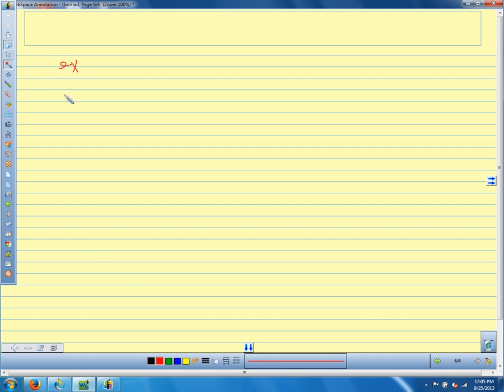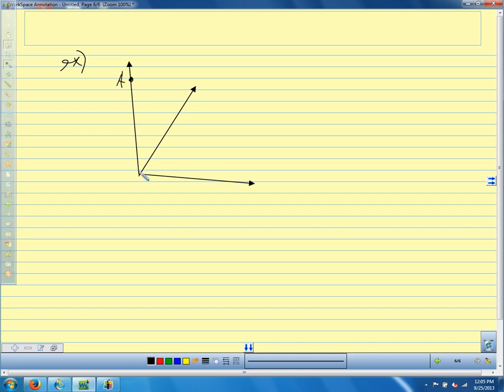So here's my setup. We'll call this A, B, C, and D. And the problem tells us that the measure of angle ABC is 175 degrees.